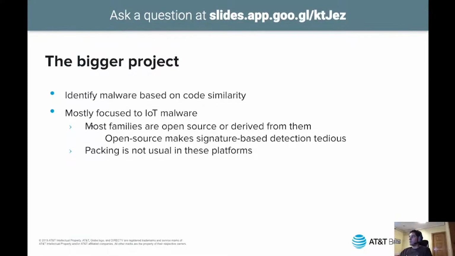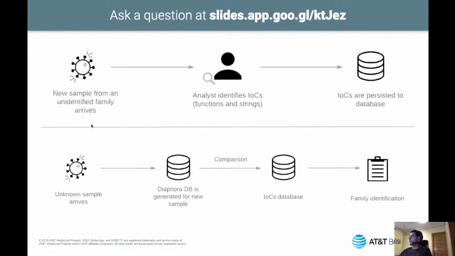Also, we were taking advantage of the fact that in the IoT landscape, packaging is not usual. So that's a problem out of the way in code analysis, and it will be easier to find the matches on unpacked code.